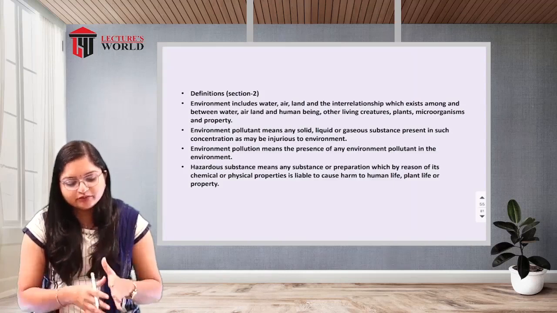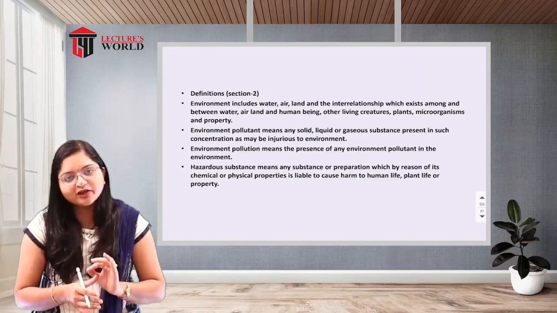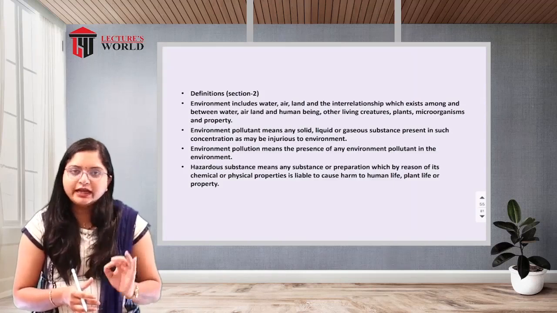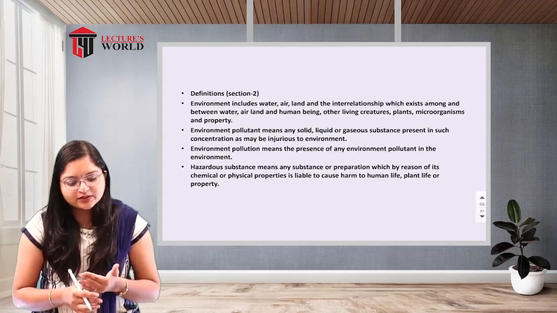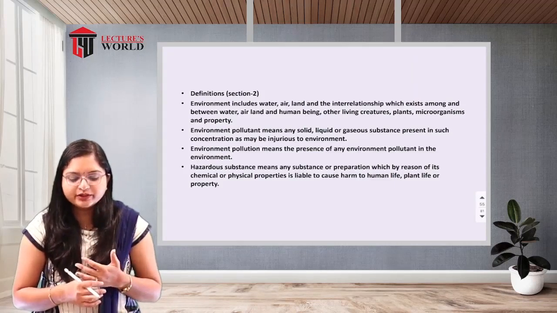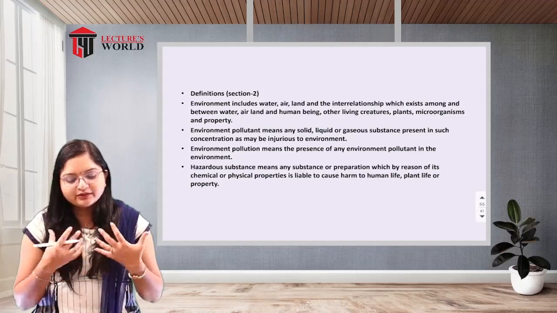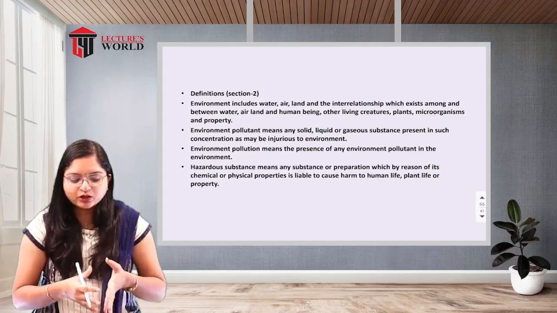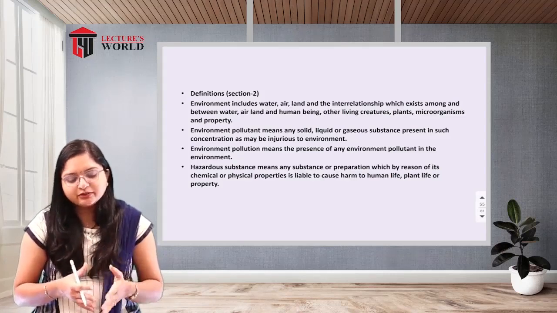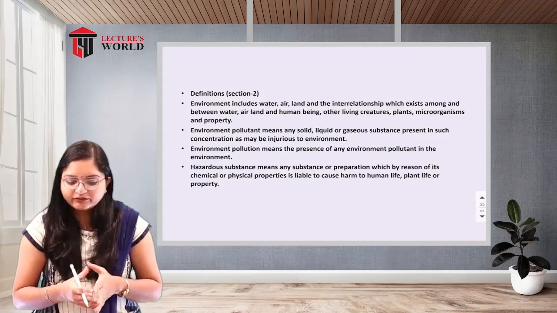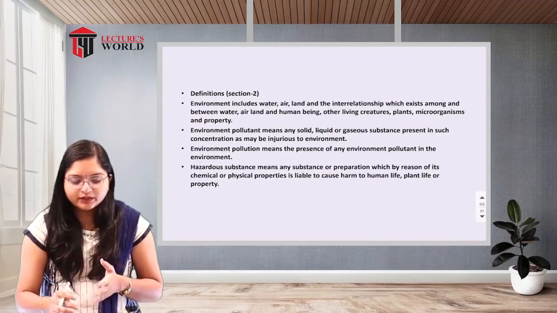Environmental pollution means the presence of any environmental pollutant in the environment. And hazardous substance means any substance or preparation which by reason of its chemical or physical properties is liable to cause harm to human life, plant life, or property.